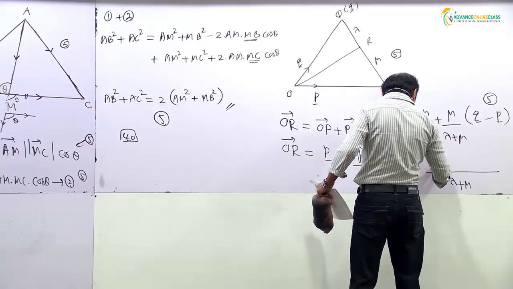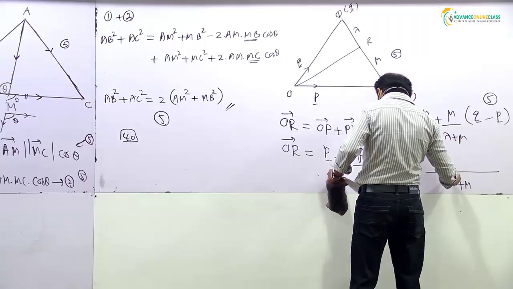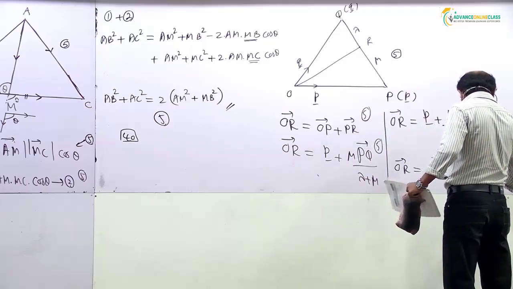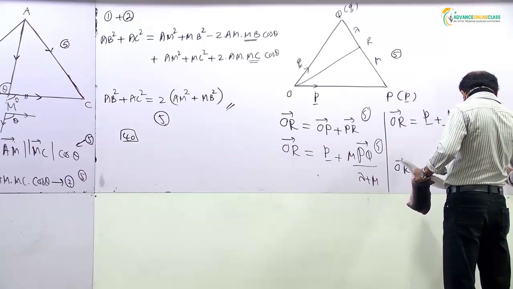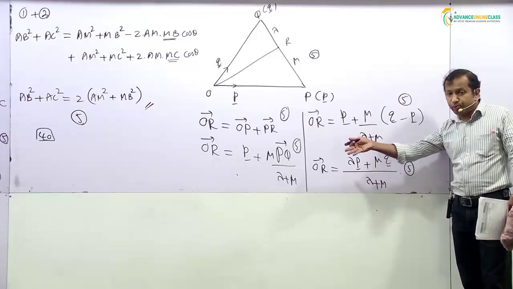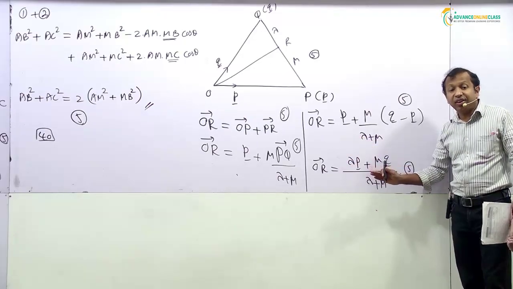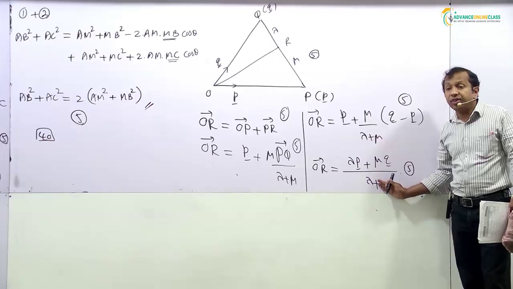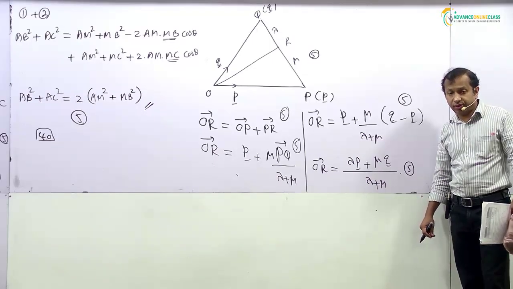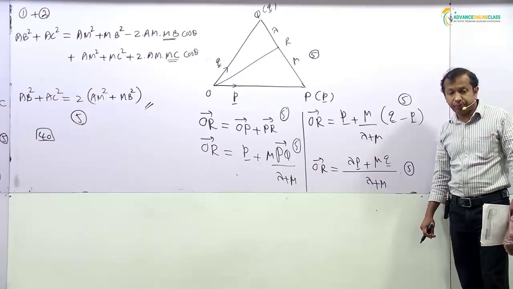We get lambda P plus mu times Q, over lambda plus mu. For this 5 marks. Right. This ratio theorem we have proved. Therefore, in the next part of the question, we can directly use this result, since we have proved it.